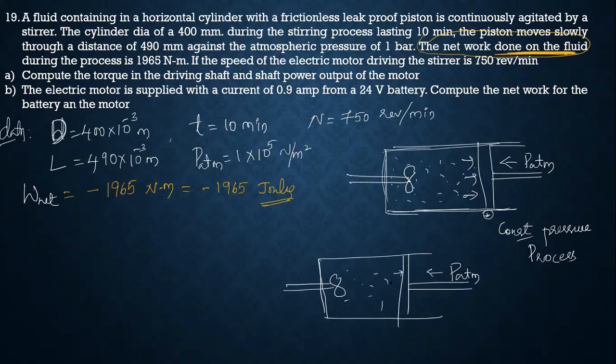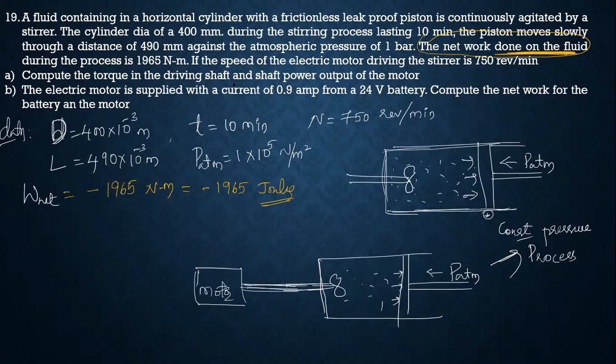The process is a constant pressure process. The piston moves slowly through a distance of 490 mm against atmospheric pressure. The net work done on the fluid during the process is 1965 Newton meter. The stirrer is driven by one more device, that is a motor. That means the stirrer is operated by a motor.